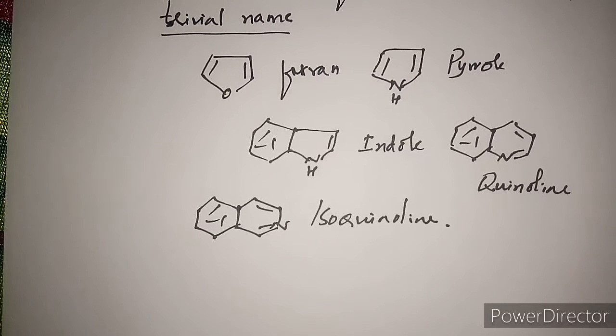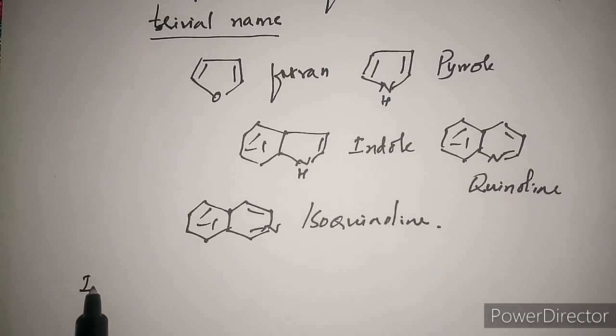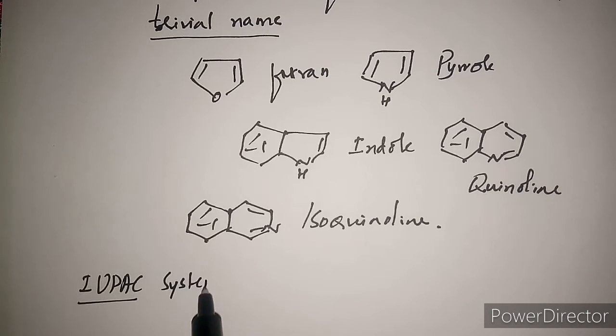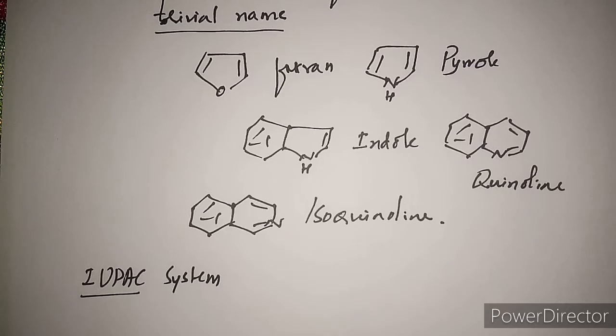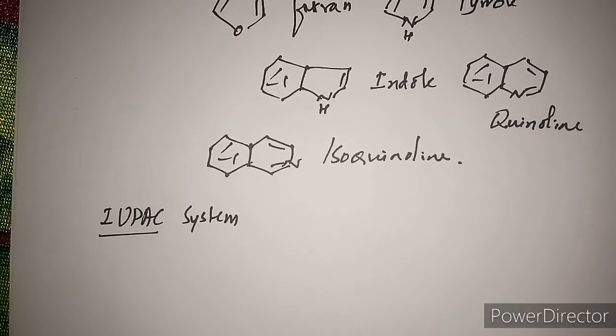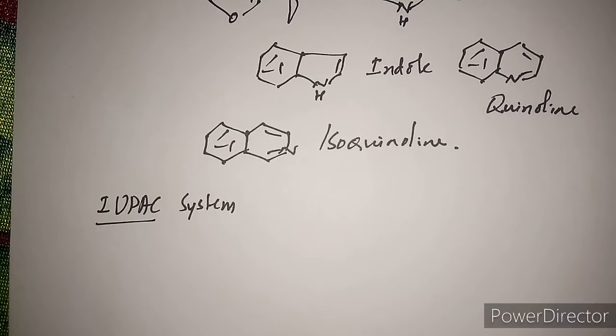Now we need systematic names of these heterocyclic systems, formulated by IUPAC. The nomenclature is systemized by the IUPAC system, and there are certain rules and regulations we need to follow in order to name a given heterocyclic compound.